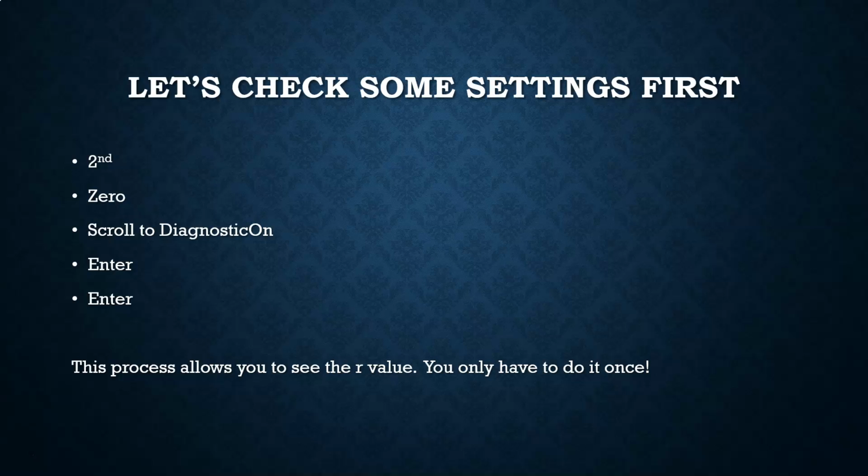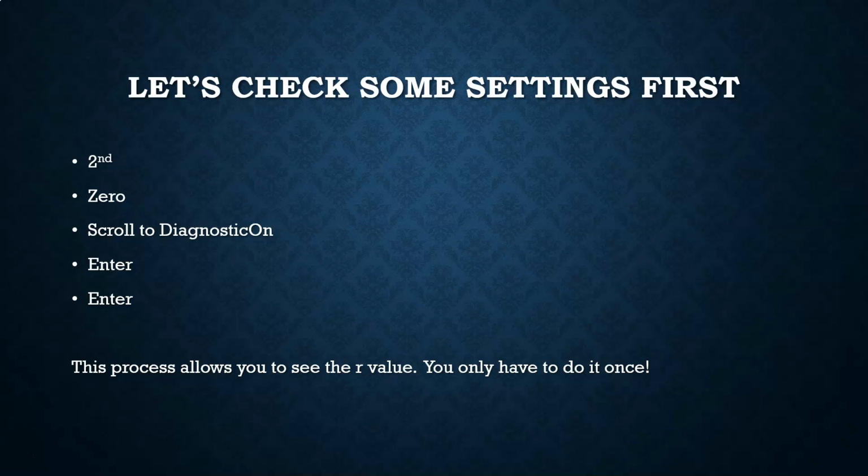So first of all, let's check some settings. You only need to do this once. So if you go to second, which is the blue button in the upper left, and then you hit 0, that will give you the catalog screen. You need to scroll down, it's alphabetical, to where it says diagnostic on.